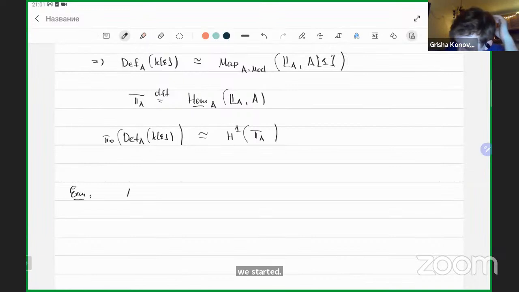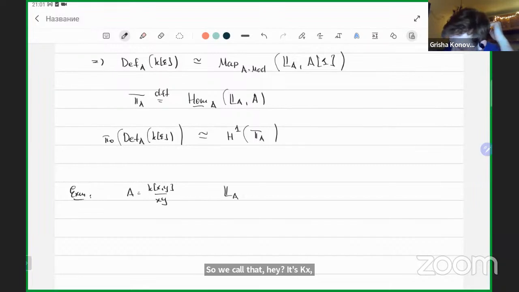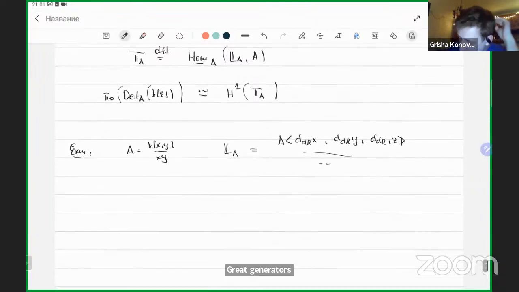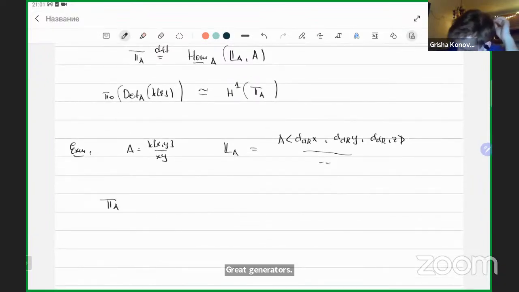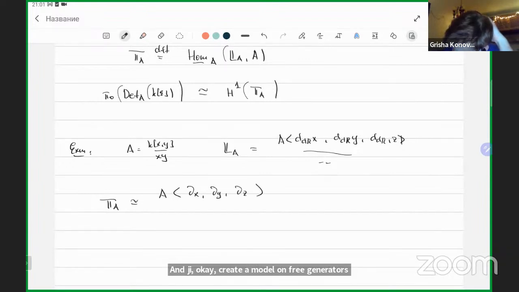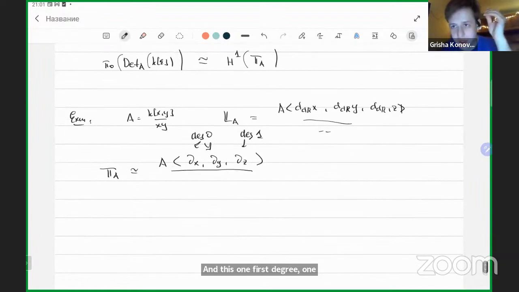So recall that A was k[x,y] modulo xy, and the resolution was a free model on free generators, a model of the relation, and T_A will be a free A-module on free generators, these two have degree 0, and this one has degree 1. And there are two relations.